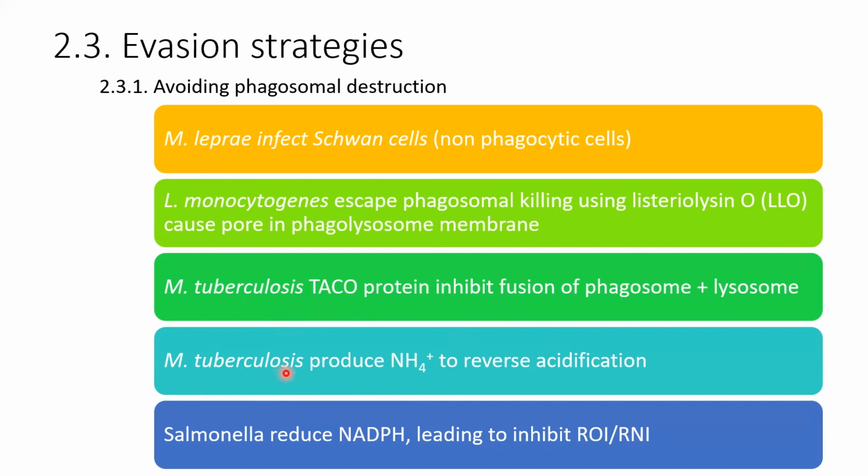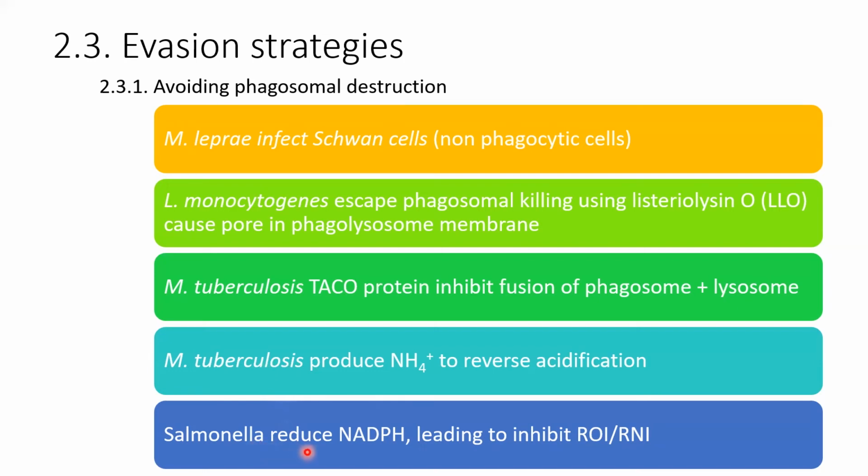Mycobacterium tuberculosis can produce ammonium ion. If you remember in phagocytosis, inside the phagolysosome is a very acidic pH, but some bacteria can produce ammonia in order to neutralize the pH and manipulate the environment for bacterial survival.